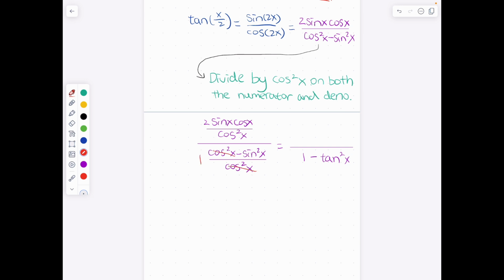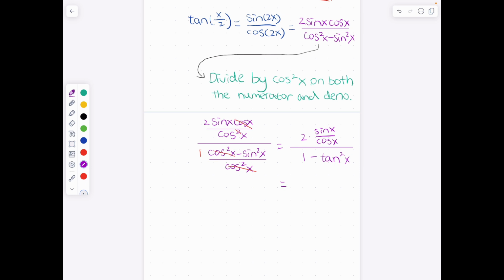So this part, we can just divide by the cosine x. So then it will be 2 times sine x divided by cosine x.